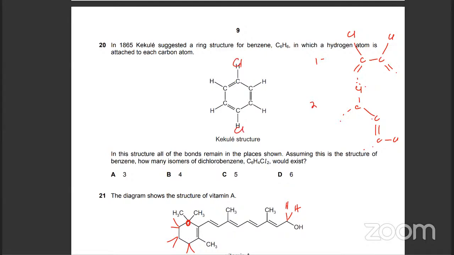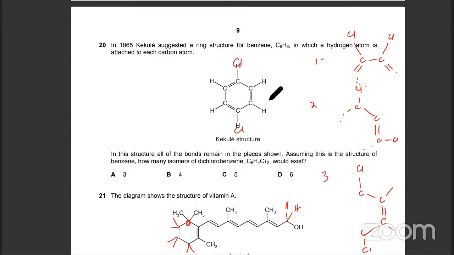So in that scenario, that's going to be the third one. So you can only find 3 at the moment. Let me draw the third one. The third one is the Cls right opposite to each other.